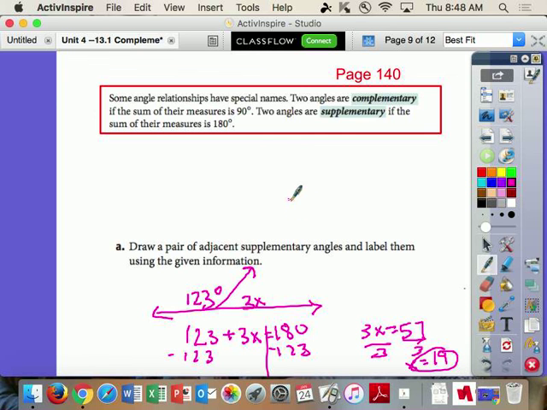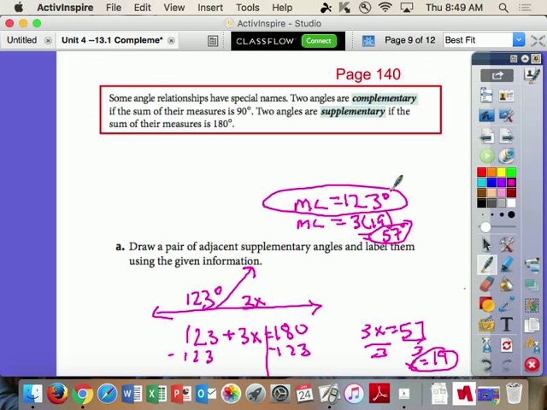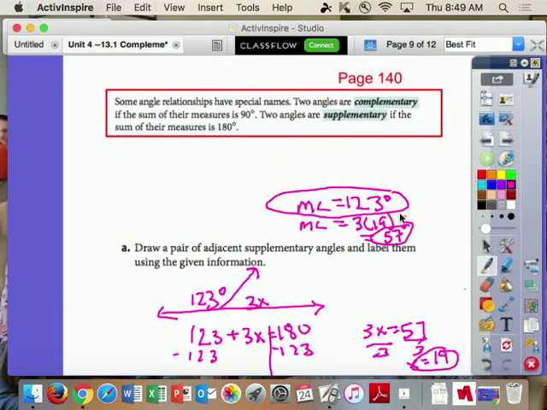Okay? So one angle is going to equal 123 degrees. And the other one is going to equal whatever 19 times 3 is, which is 57 degrees. Okay? And that's how you do this.